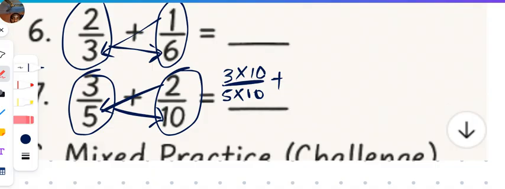So 3 times 10 over 5 times 10 plus 2 times 5, all over the number down times 5 again, because 5 is the denominator that we are multiplying the whole fraction on the right by. So 10 times 5.